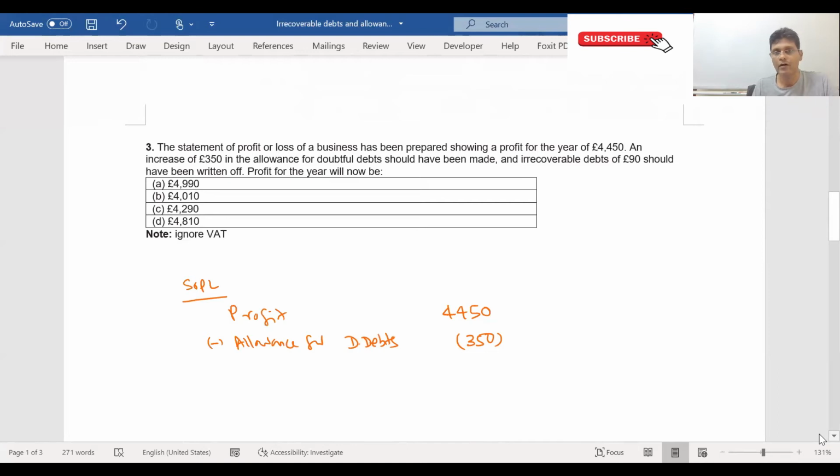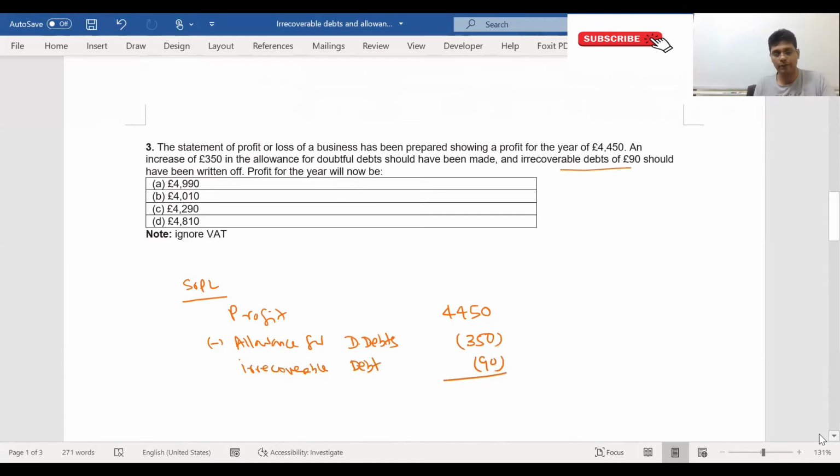an irrecoverable debt of 90 should have been written off. Okay, so there is an irrecoverable debt write off, irrecoverable debt written off 90. So therefore what will be the profit?